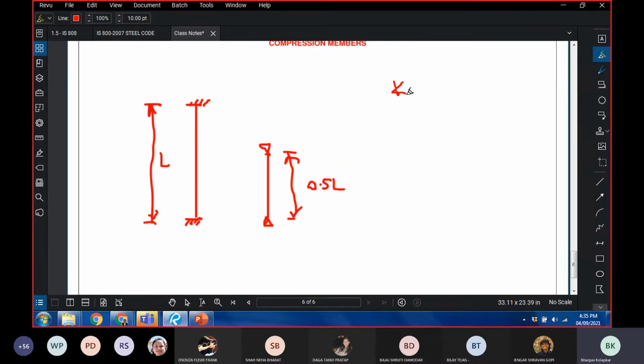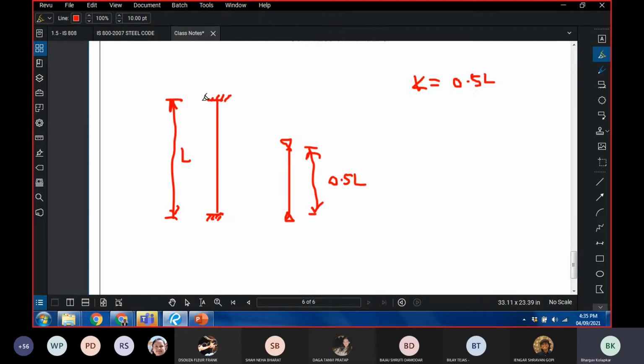So when we say that K is equal to 0.5 for a fixed ended column, what it means is that the strength of a fixed ended column of length L is equal to the strength of a pin ended column of length 0.5 L. Do you understand this? Simple, right?